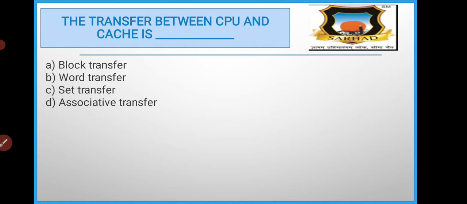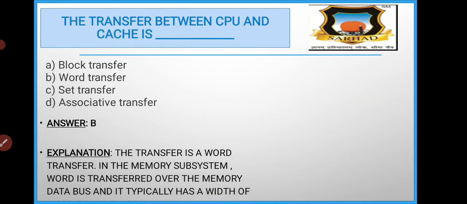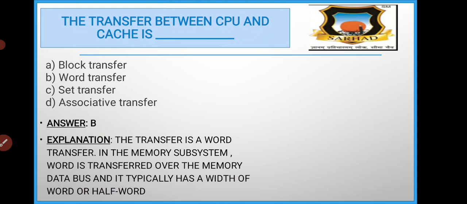Now question number 7. The transfer between CPU and cache is: option A, block transfer; option B, word transfer; option C, set transfer; and option D, associative transfer. The correct answer is option B, word transfer. Why? In the memory subsystem, a word is transferred over the memory data bus, and it typically has a width of a word or half word.